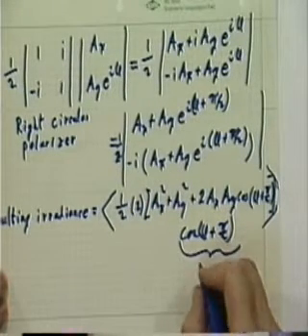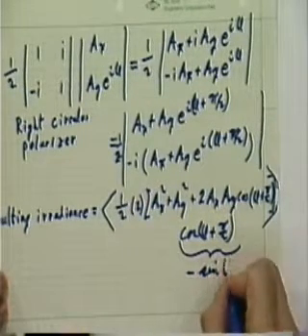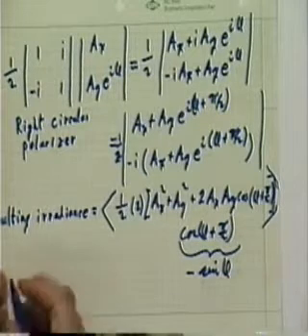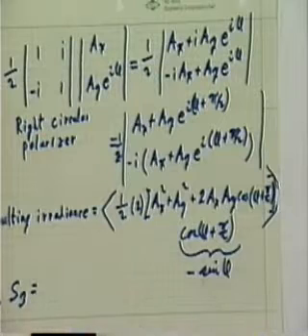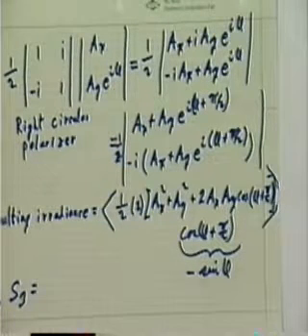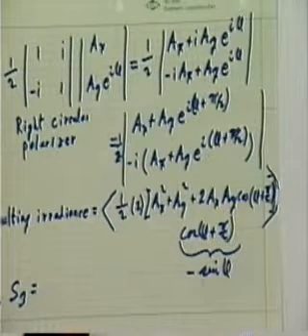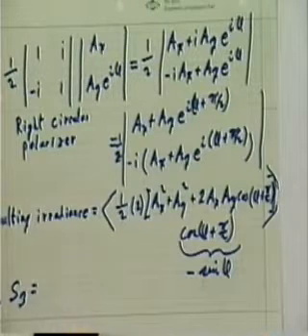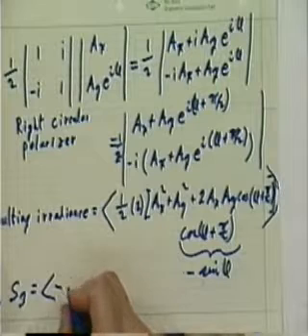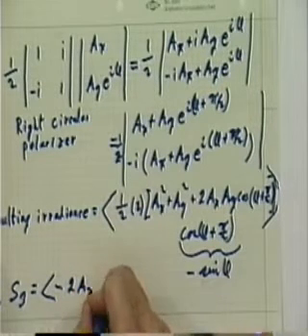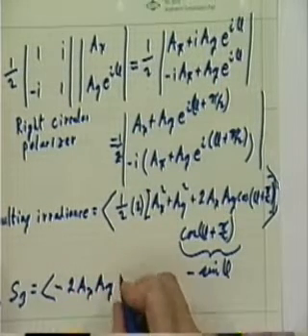Now this, the cosine of phi plus pi over 2, you could write as minus sine of phi. And so we would have here that S3, remember S3 is 2I3 minus 2I naught, so we have to subtract that out. And so S3 here will then be minus 2 a sub x a sub y sine of phi.